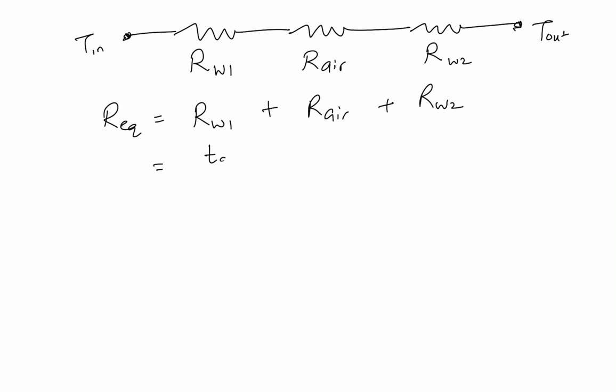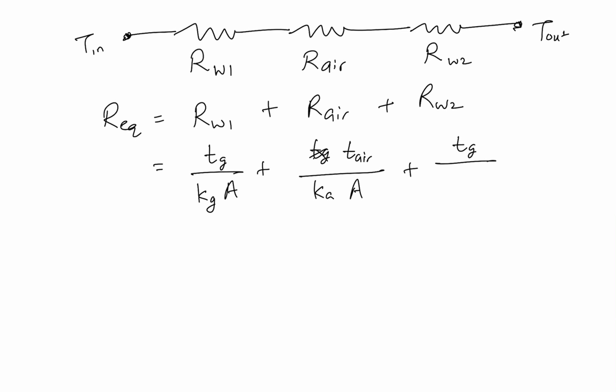This will be the thickness of glass divided by thermal conductivity of glass times cross-sectional area, plus the thickness of air divided by thermal conductivity of air times cross-sectional area, plus the thickness of glass divided by thermal conductivity of glass times cross-sectional area.